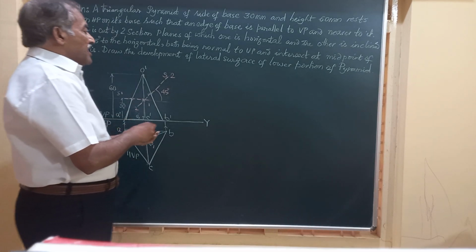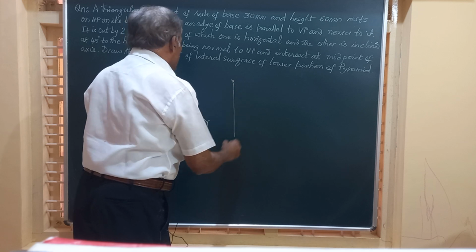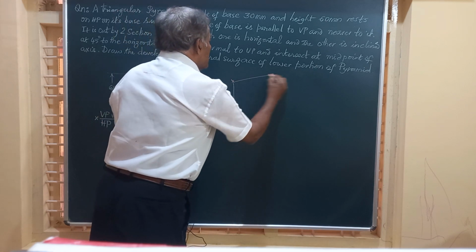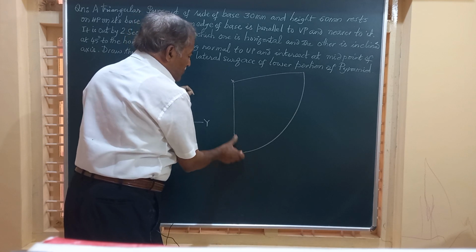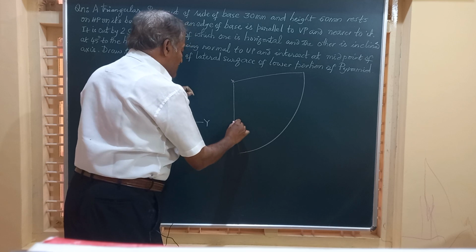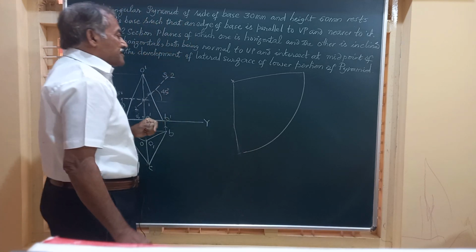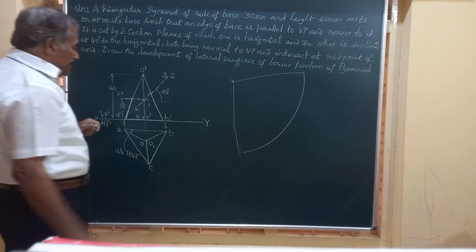And friends, as usual, assuming it is not cut by any section plane, let us obtain the development of the pyramid, in which you are going to have three isosceles triangles. Now friends, how do we get the true length?